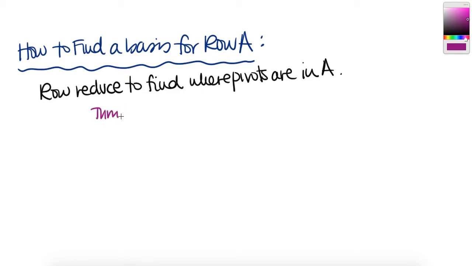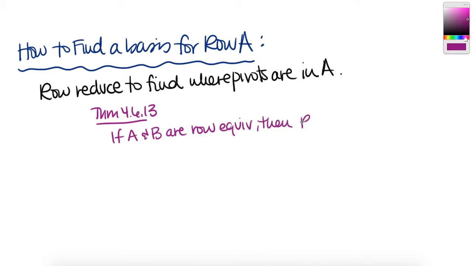This is theorem 4.6.13 that says, among other things, if A and B are row equivalent, then the row space of A is equal to the row space of B.